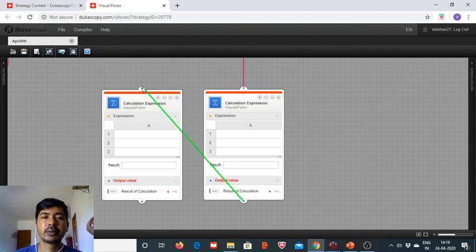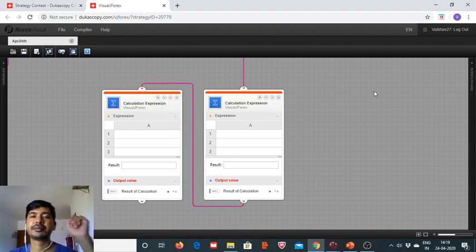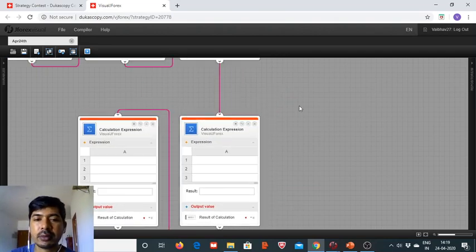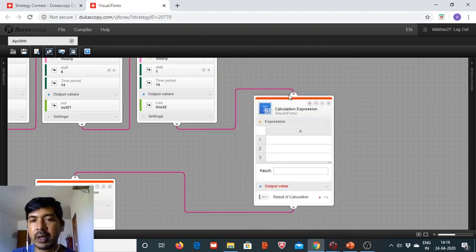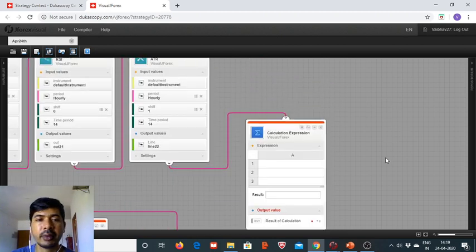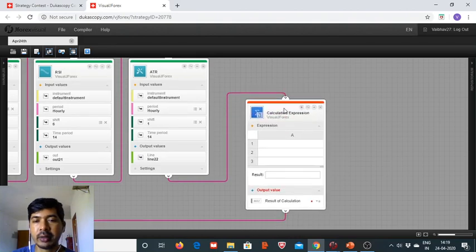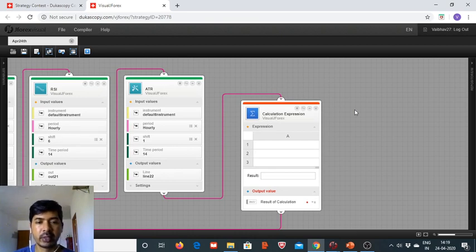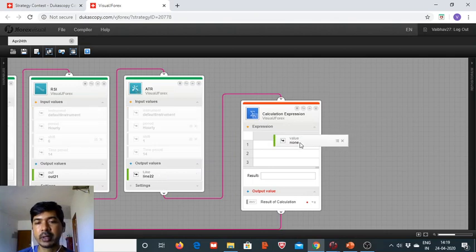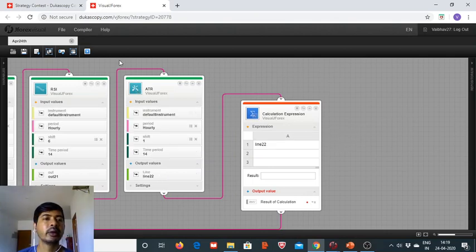And now we take the ATR value and we multiply it by 60 percent, that is, to get the 60% we will be simply multiplying it by 0.6, and we bring in this ATR value.